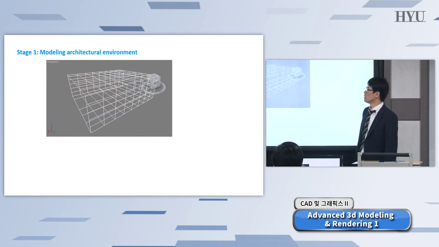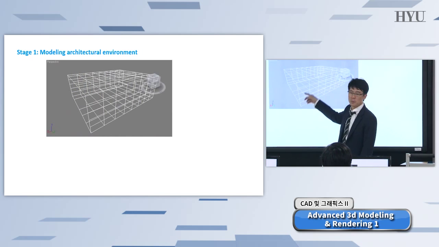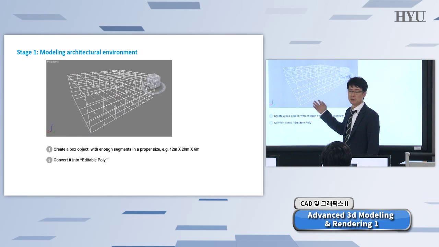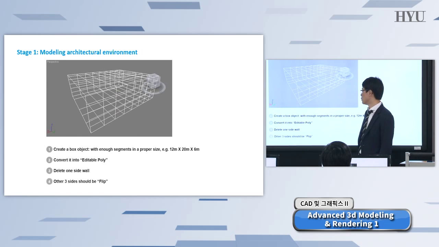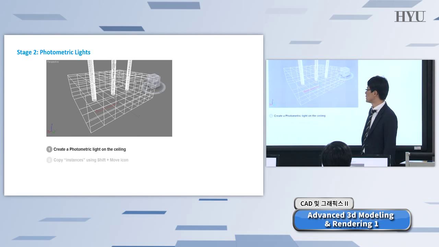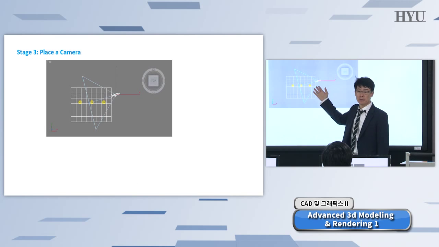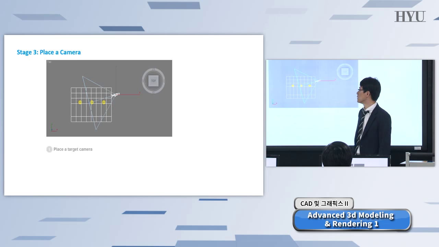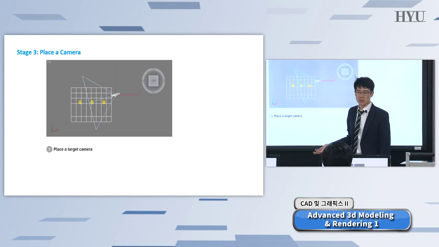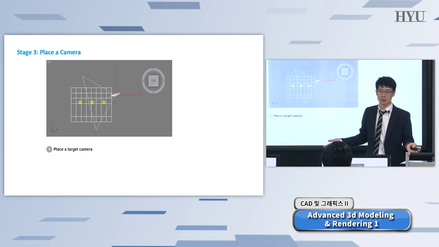So in terms of modeling, the first stage is defining the environment. At this time, just box shape geometry. Create a box, editable poly, remove one side wall, and flip, install photometric lights, and place a camera to visualize the interior scene. You should use a wide lens for this camera in order to make your scene spatial, okay?